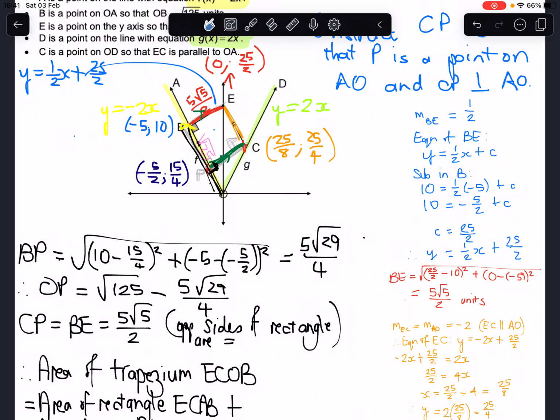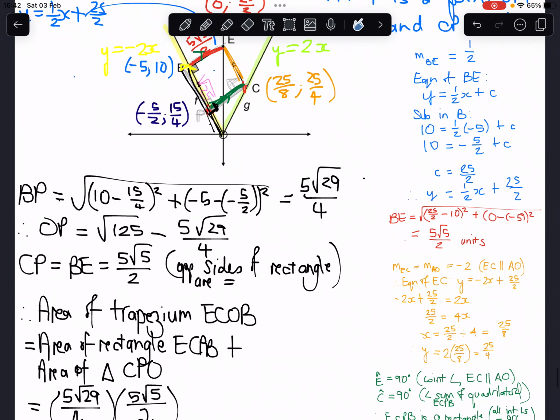Then we decided that we wanted to find the coordinates of C, and we're going to find them by finding the point of intersection between this line and this line. So that's why we equated -2x plus 25/2 to 2x, the expression for this line. Let's just see that we solve that satisfactorily.